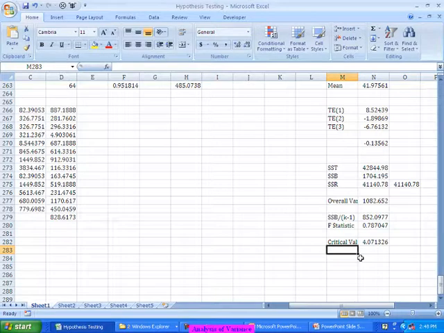Corresponding to this, the critical value is 4.07. As long as our value lies outside 4.07, we will go ahead. If the F statistic we have computed is outside 4.07, then we can reject the null hypothesis and go with the alternate hypothesis. Whereas in this case, I cannot reject it.